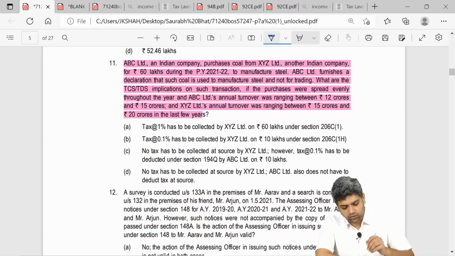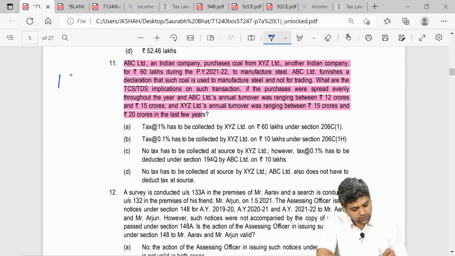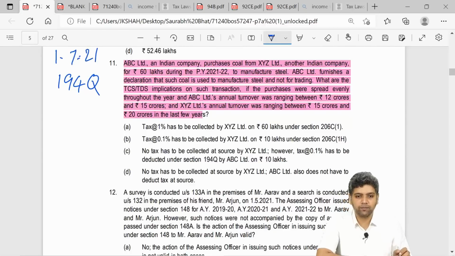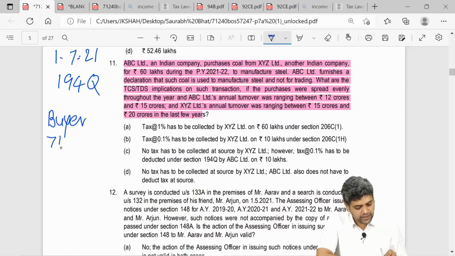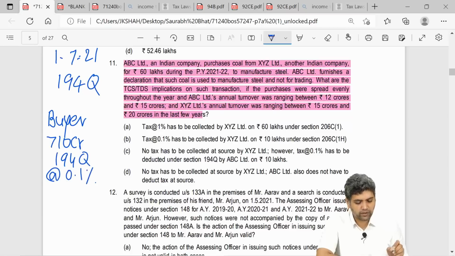Now friends, we know that as per newly introduced section 194Q with effect from 1st July 2021, in case there is a buyer whose turnover in the preceding year exceeds 10 crore rupees, then the buyer is required to withhold TDS under section 194Q at the rate of 0.1% on the purchases made by him.